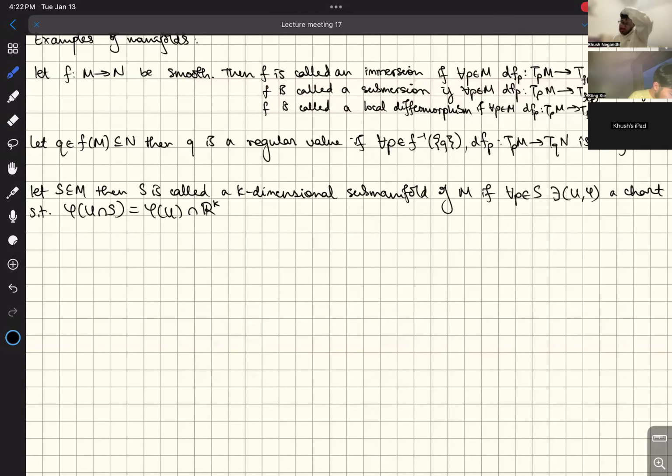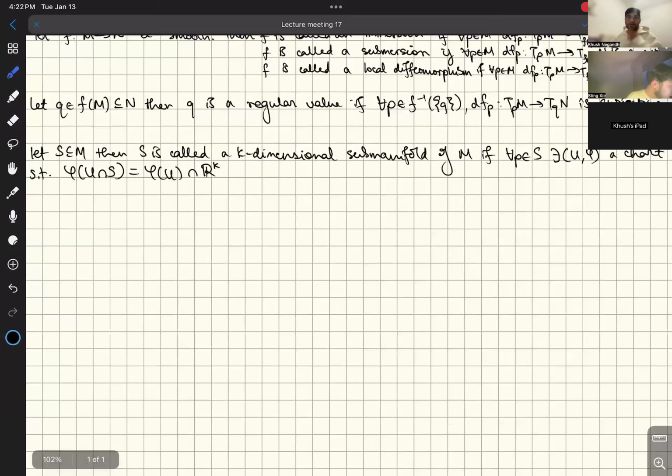Okay. So the idea is that it's a submanifold if at each point I can find a chart so that the last n minus k entries are zero. In other words, it's sort of a generalization of the idea that R^k sits inside R^n, naturally.